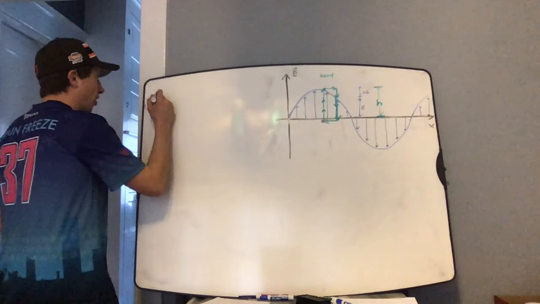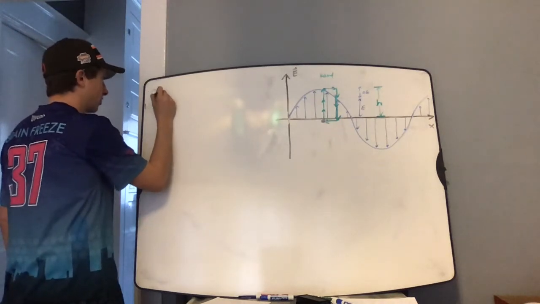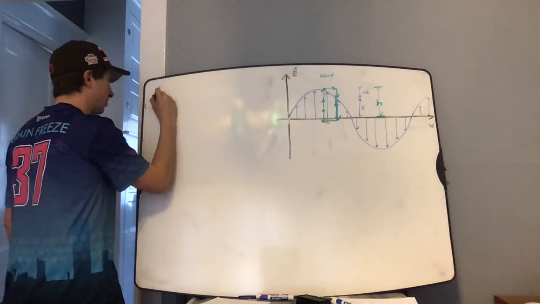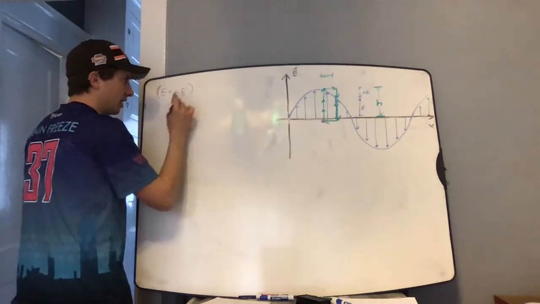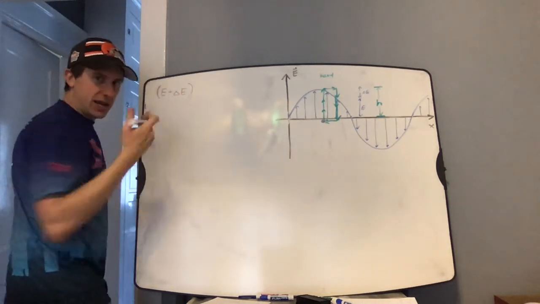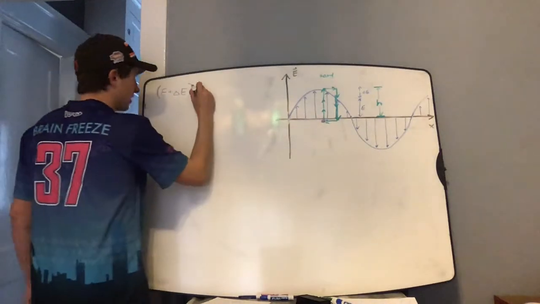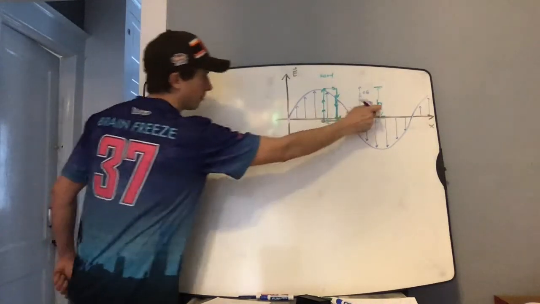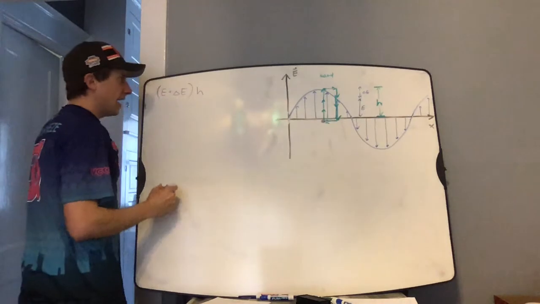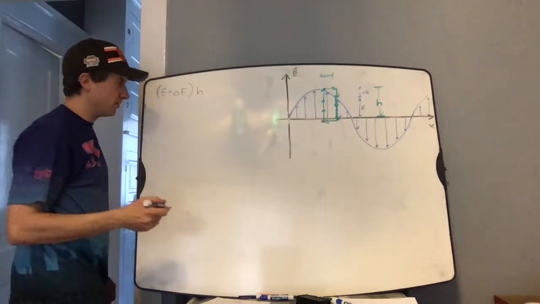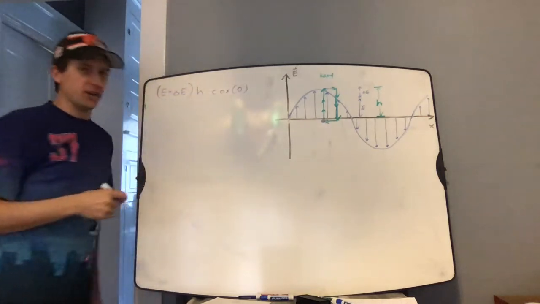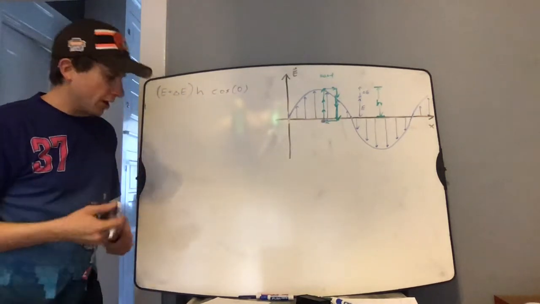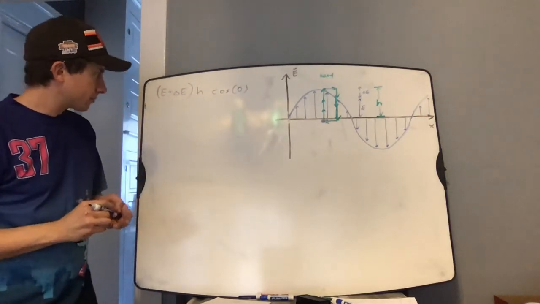So on the path upward, the electric field has strength E plus delta E. My L, the distance I walk, is a height h. And then I have cosine of 0 because I'm walking in the same direction as the electric field.